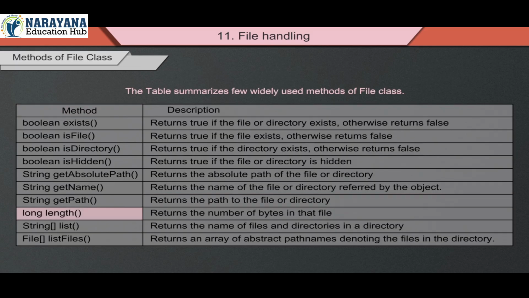Method: long length(). Description: returns the number of bytes in that file. Method: String[] list(). Description: returns the names of files and directories in a directory. Method: File[] listFiles(). Description: returns an array of abstract path names denoting the files in the directory.